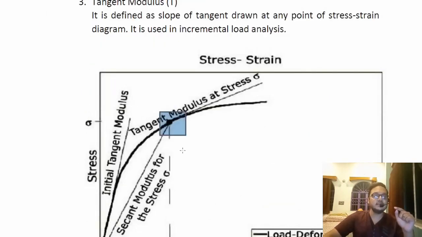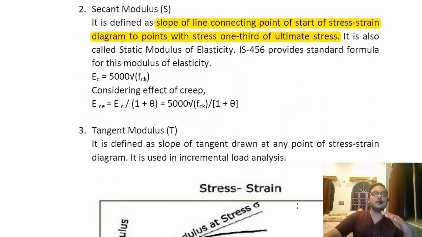That is at this point where the stress is 1/3 of the ultimate. It is also known as the static modulus of elasticity.